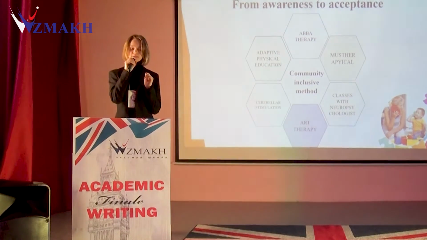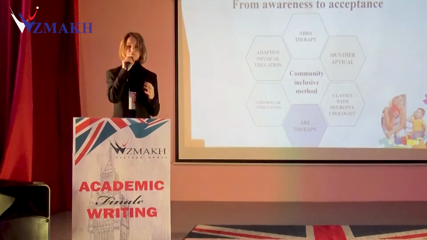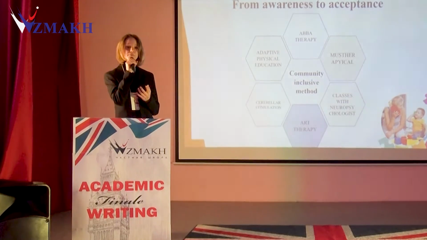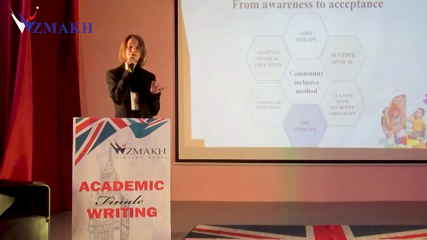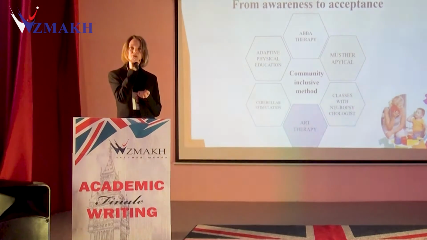I would like to add that classic therapies are also part of inclusive methods and therapies. For example, ABA therapy, art therapy, musical therapy, classes with a neuropsychologist, adaptive physical education, and also, that's all.